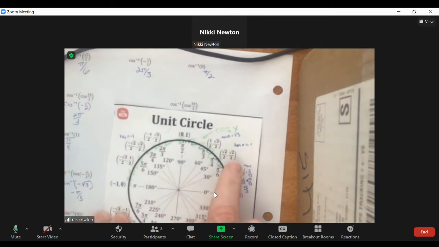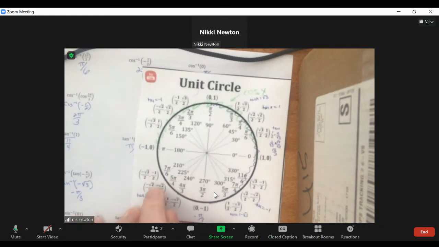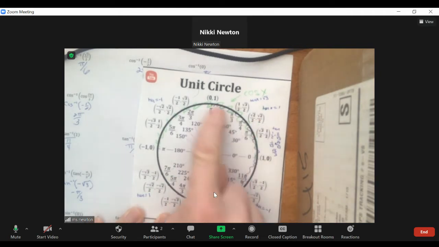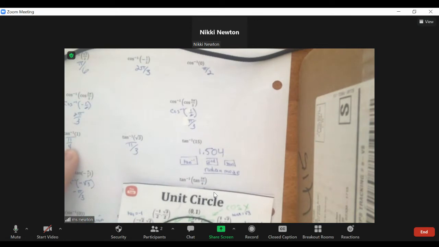So tangent is equal to 1 here at pi over 4, because something divided by itself is 1. And it's also equal to 1 over here, negative square root of 2 over 2 over itself equals 1. This one is the one inside my domain of tangent, so it's going to be pi over 4.